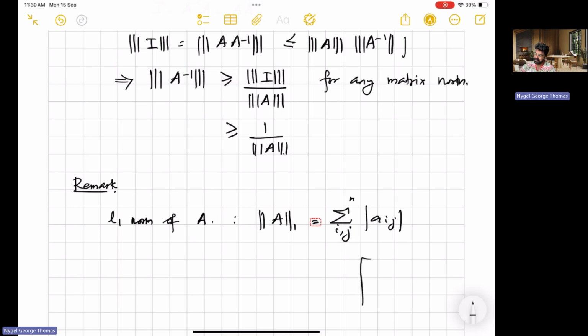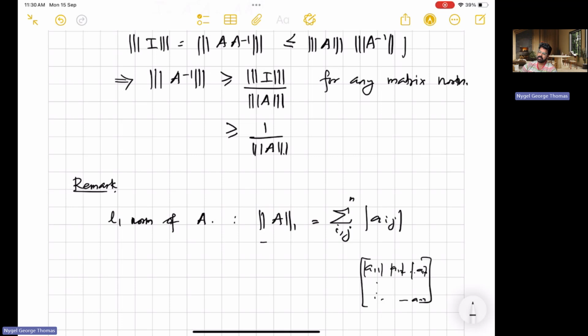Suppose we have a matrix with entries a_11, a_12, up to a_1n, and so on up to a_nn. What we're doing is taking the modulus of all the terms of the matrix and adding them together, which is similar to what we have for vectors for the L1 norm.